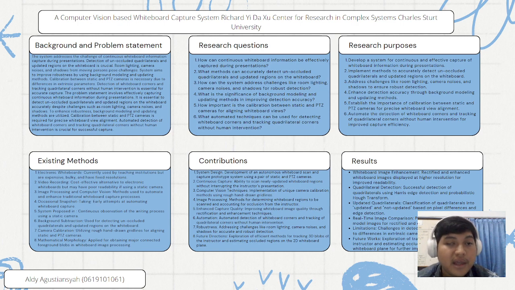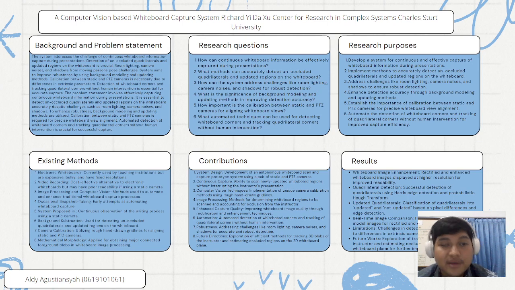The problem statement involves effectively capturing continuous whiteboard information during presentations. It is essential to detect unoccluded quadrilaterals, I'm sorry, my English, and updated regions on the whiteboard accurately despite challenges such as room lighting, camera noise, and shadows.